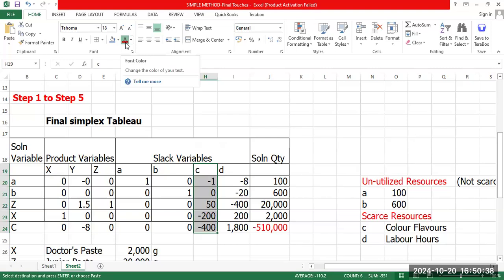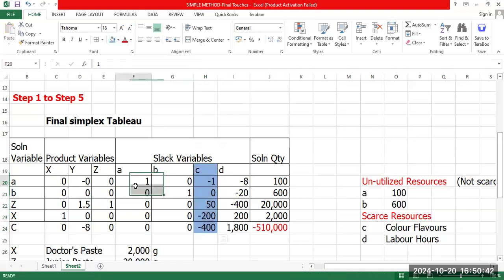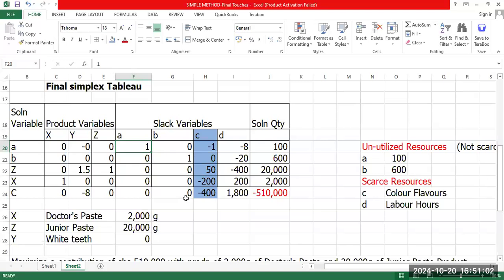This is column C. Then your focus should be on... what are you analyzing? What are we analyzing?